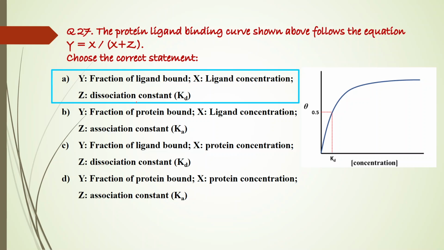X is the total ligand concentration, or in this case total oxygen concentration, and Z is our dissociation constant or inverse of association constant. Either Z can be Kd, or suppose in your question Ka is given, then in place of Z you can put Ka inverse as well. Kd is the concentration of ligand at which 50% saturation is reached. So it is straight from the literature.